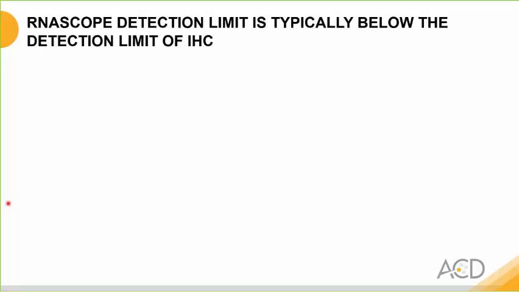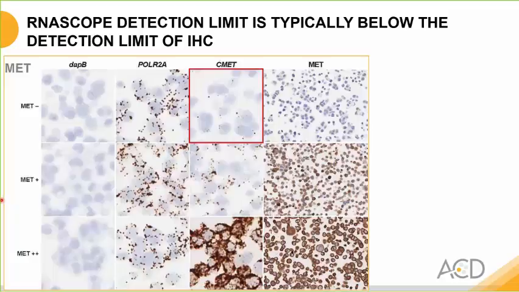The detection limit for RNAscope is typically below the detection limit for immunohistochemistry. In this example, comparing RNAscope and immunohistochemistry detection of biomarker CMET, you can see that in the low-expressing CMET cell line in the top row, there's no detectable signal in the immunohistochemistry assay. In this upper right-hand panel, no protein or immunohistochemistry signal is seen.